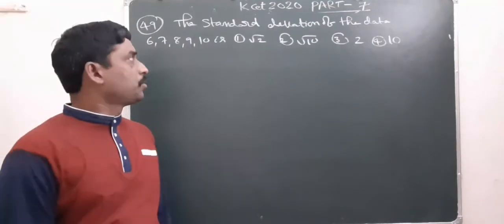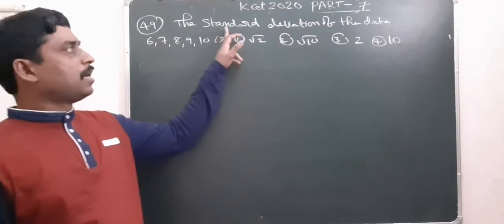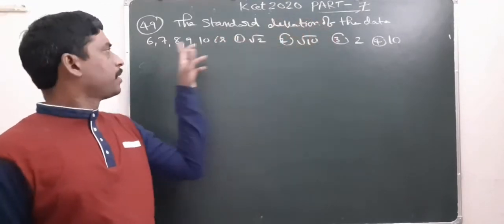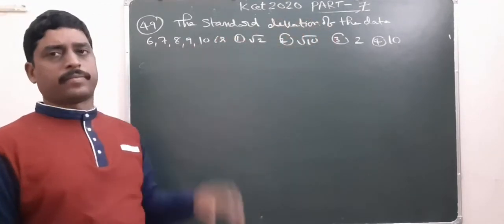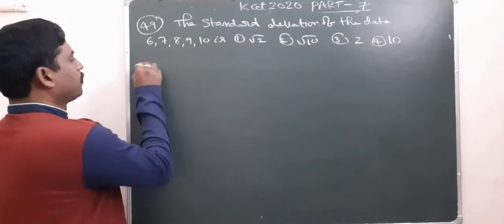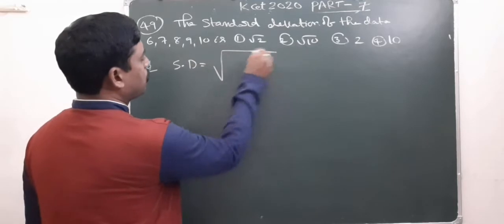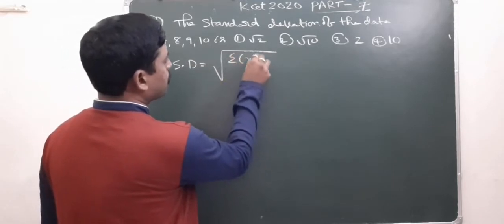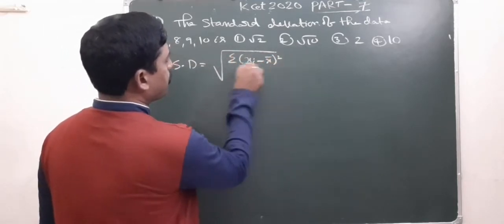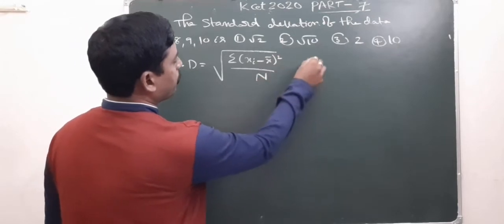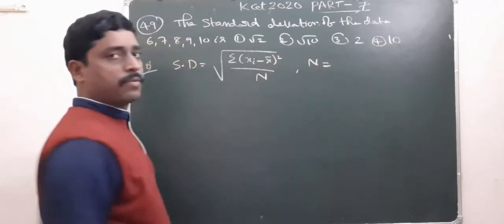So let us see question number 49. The standard deviation of the given data 6, 7, 8, 9, 10. We have the standard deviation formula: under root sigma (xi minus x bar) whole square by n, where n is the number of observations.